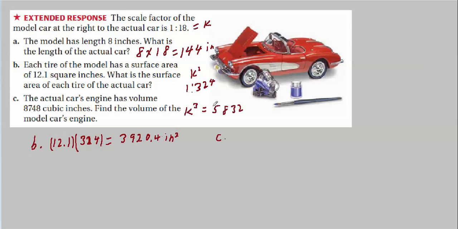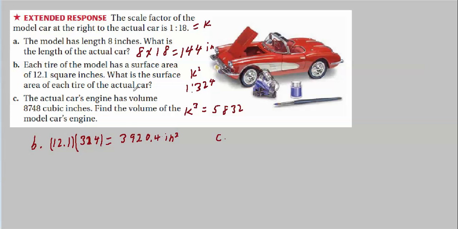And for K cubed I get, wow, 5,832. That's our scale factor for the volume. In other words, the volume of the actual car engine is 5,832 times the volume of the model car.